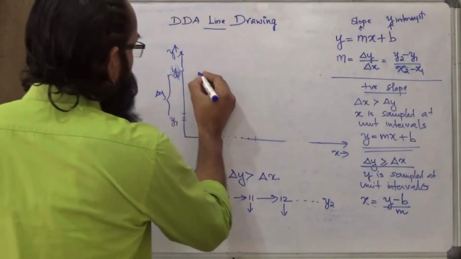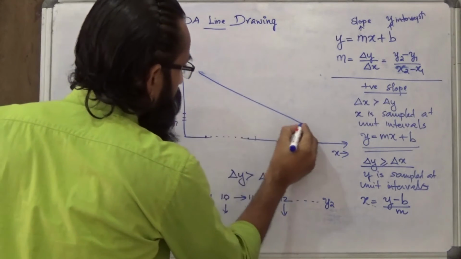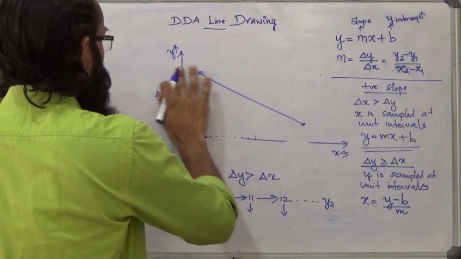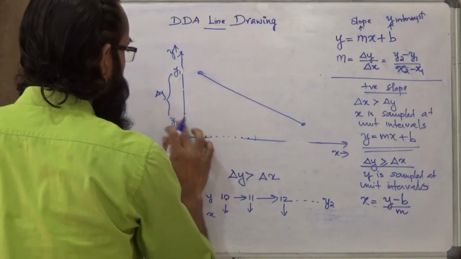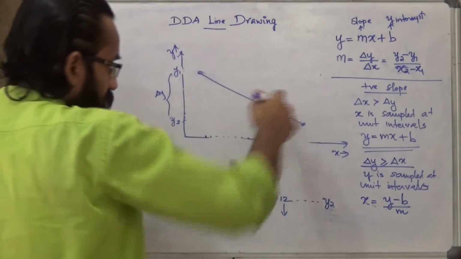So let us consider this line. This is the first endpoint y1, this is the second endpoint y2, because we are moving from left to right.